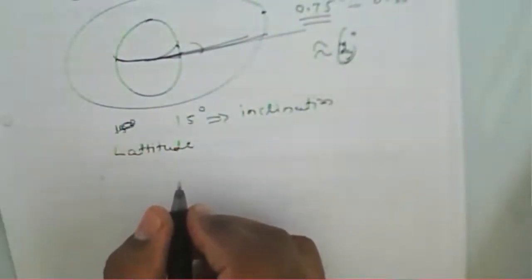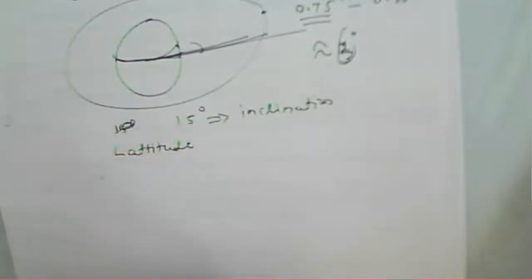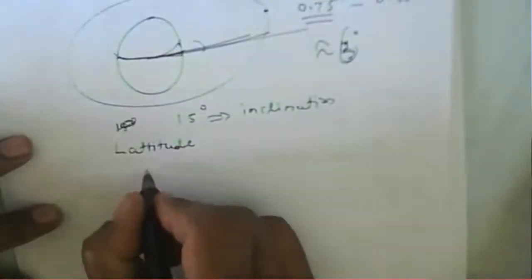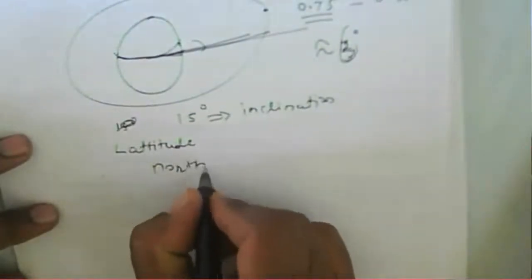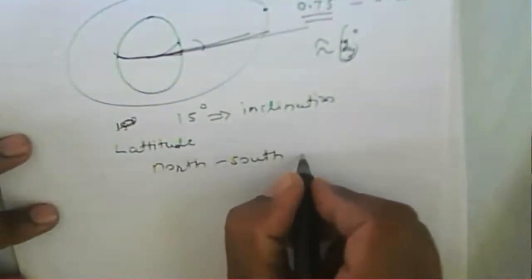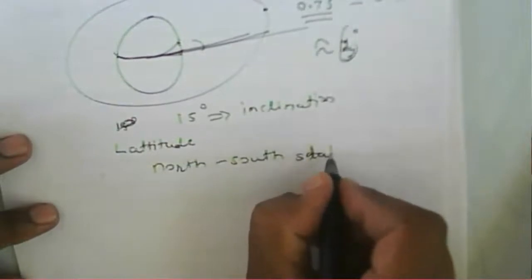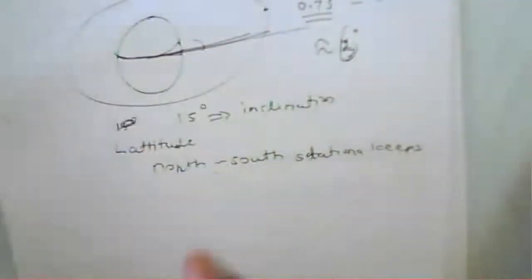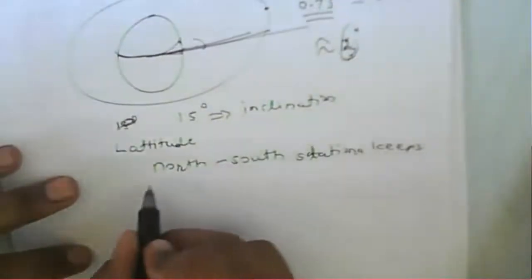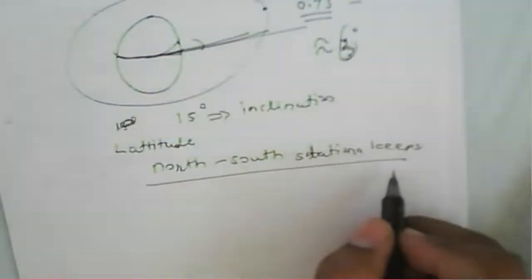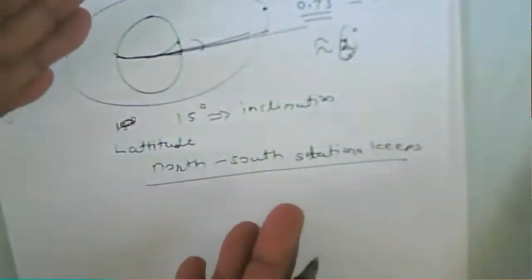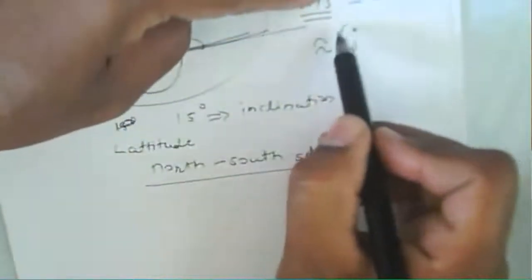Changes in the inclination cause changes in the latitude, and because of the changes in the latitude, the north-south station keeping point changes, meaning the satellite's pointing toward the Earth changes. Why does this occur?